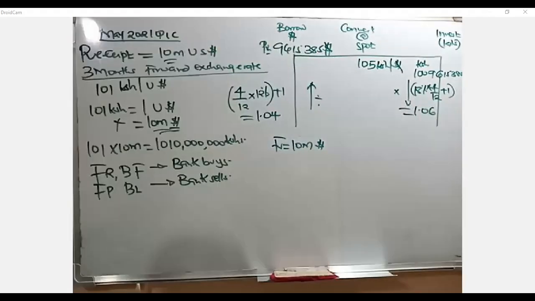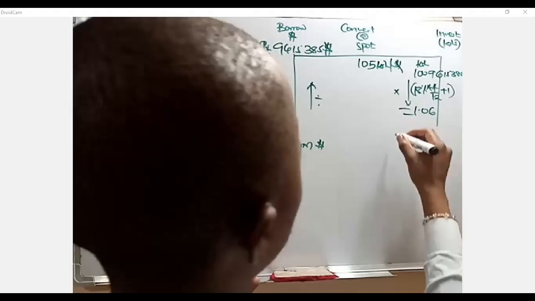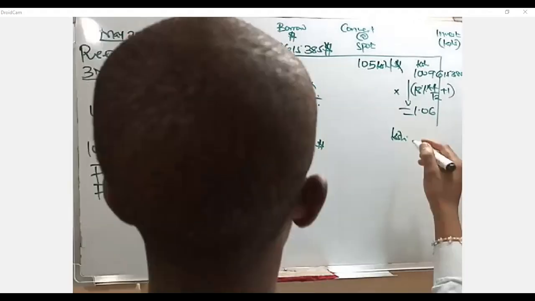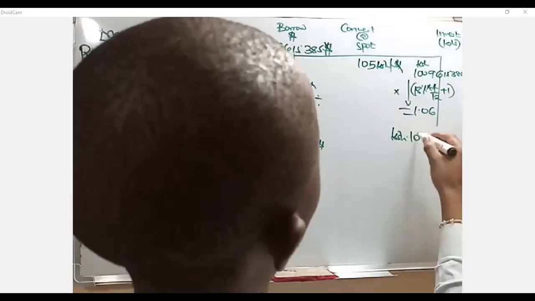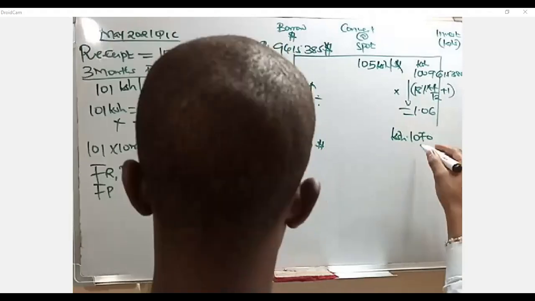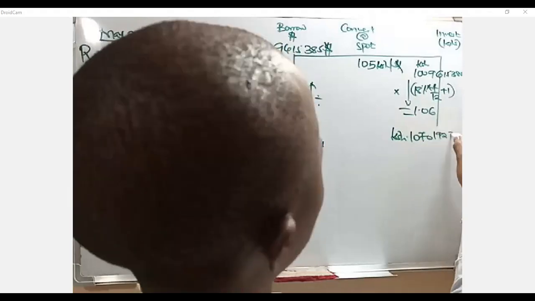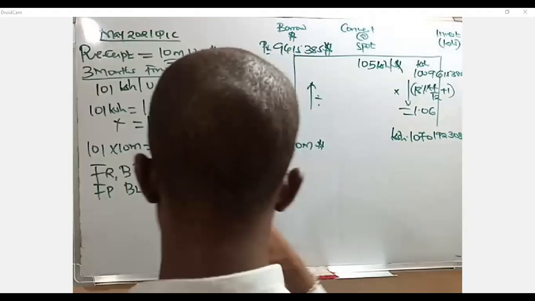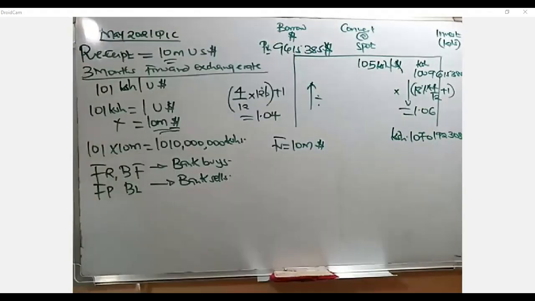Then we multiply it by 1,009,615,385. Here we are getting Kenya shillings. The future value that we are supposed to be receiving in December will be 1,070,192,308.